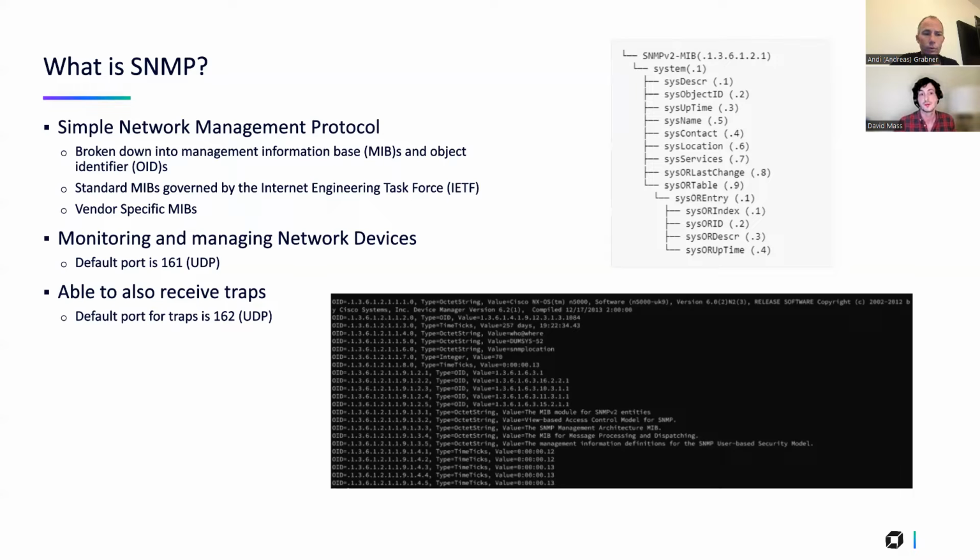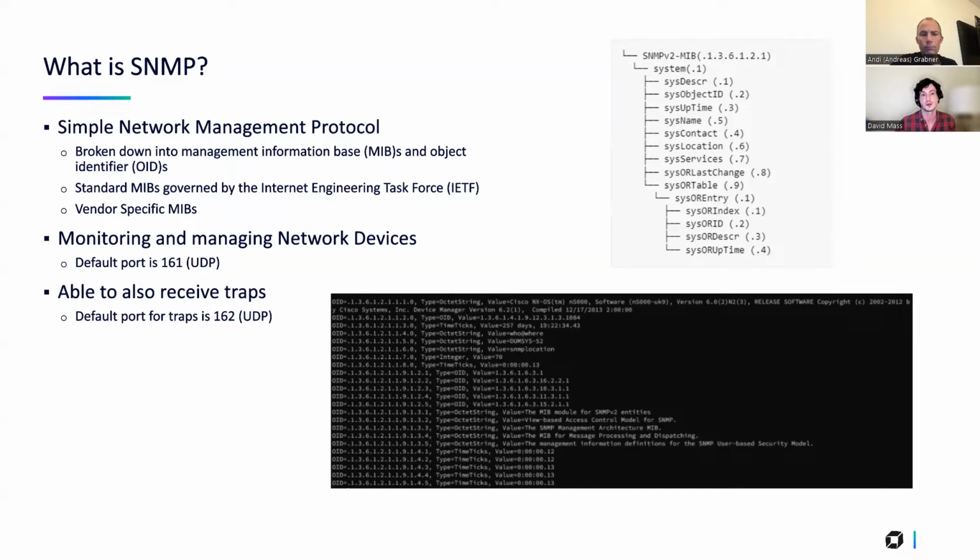For managing and monitoring devices, we can poll those network devices. The default port is 161. And then you may also be familiar with SNMP traps.